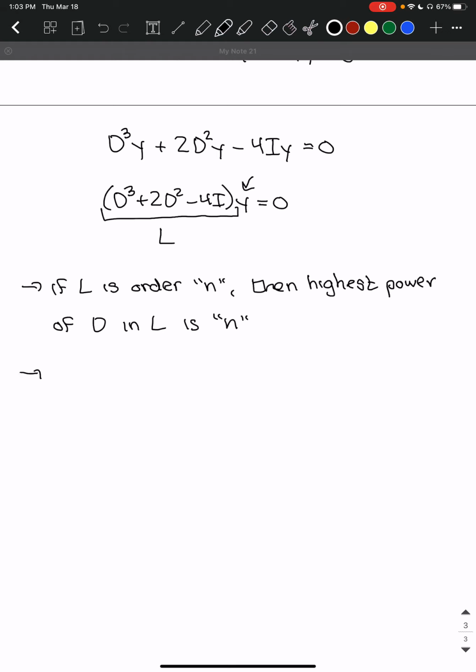And the other more important one is that an nth order differential equation has exactly n solutions to it. And what we're interested in linear algebra is stuff that's linearly independent, right?